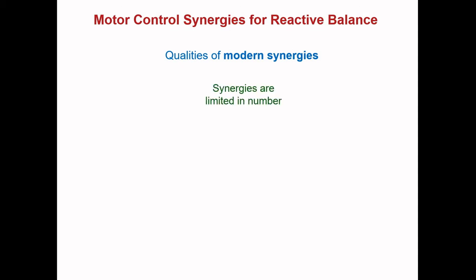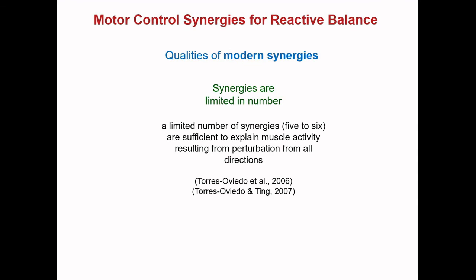First, synergies are limited in number. From both animal and human data, a limited number of synergies, 5 or 6, has been shown to be sufficient to explain the muscle activity that results from perturbations from a whole bunch of different directions.